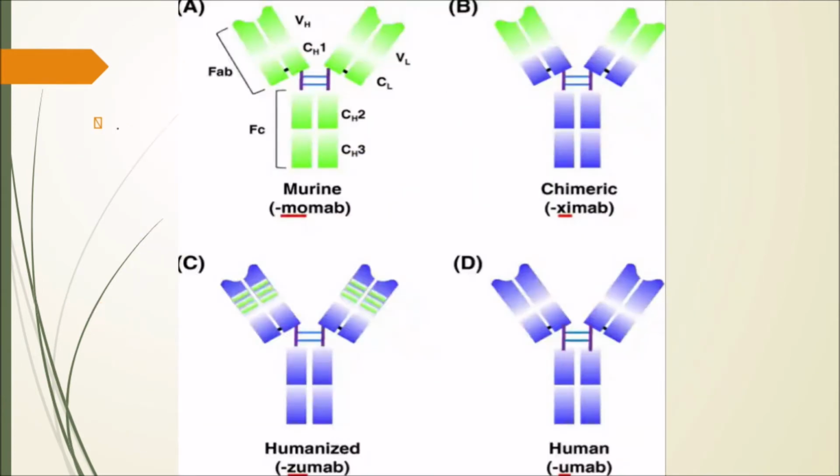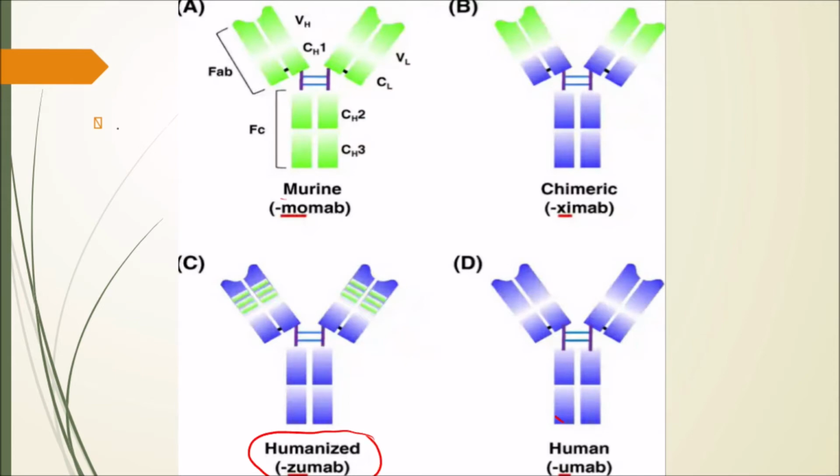So one more thing I will discuss. As we all know, this is the structure of antibody. Once this question was asked, I don't remember, in 2010 or 11: what is the humanized antibody? So that's why I'm discussing all these four.